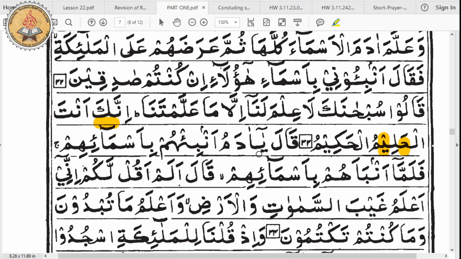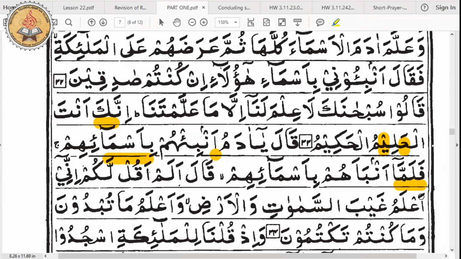Next one. Qala ya Adamu anbi'hum. So it is bihum. You read it, mashallah, really well. Qala ya Adamu. So it is bihum. And read this one. Bi asma'ihim. Well done.